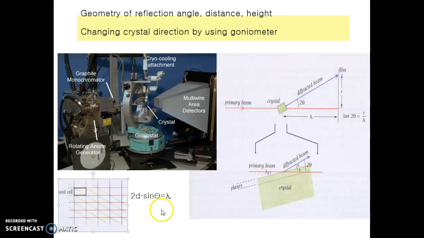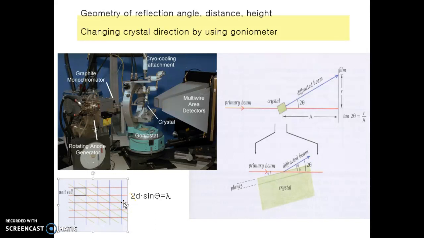Then you might ask why there are so many diffraction spots on the detector. Simply, there are so many lines possible. You can make green lines here, passing through the corners of the unit cells. Another simplest diagonal lines could pass through here and here and here, something like that.